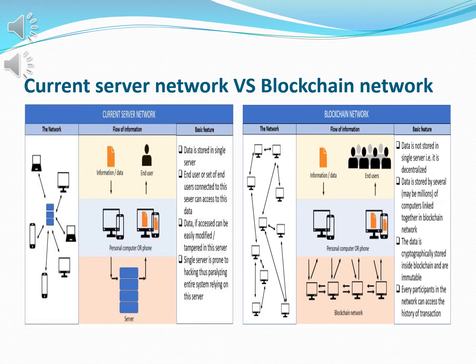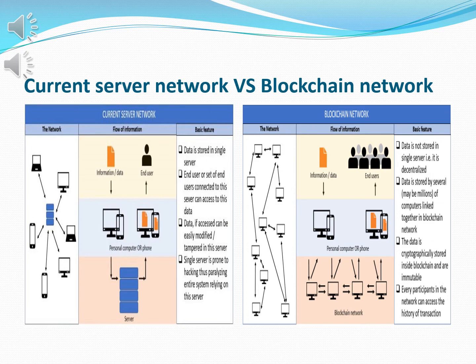So let's see what is the difference between the current server network and the blockchain network. If you see the network on the left-hand side of both pictures, in the traditional or current network server, there is a centralized server, and we are all getting the information around that.